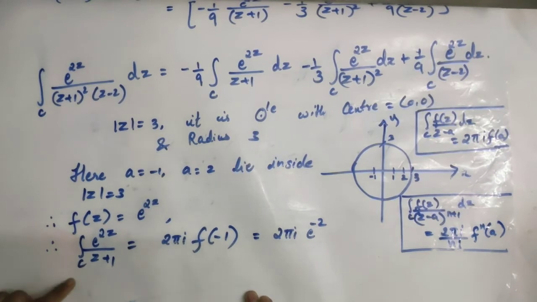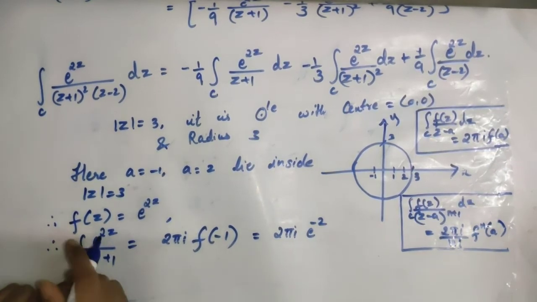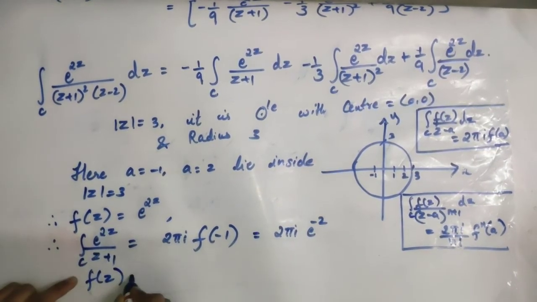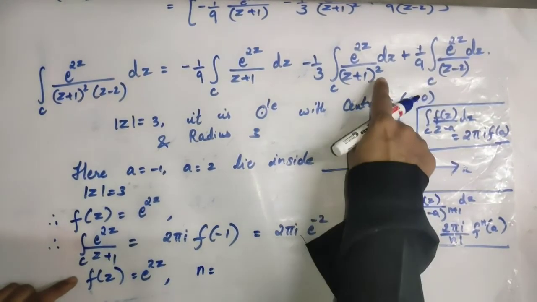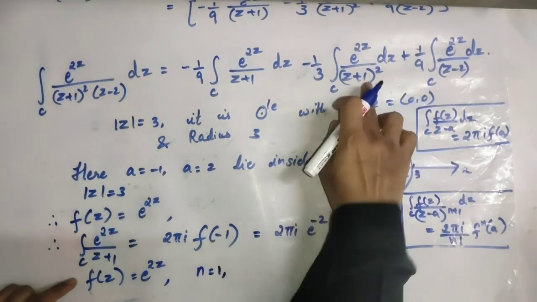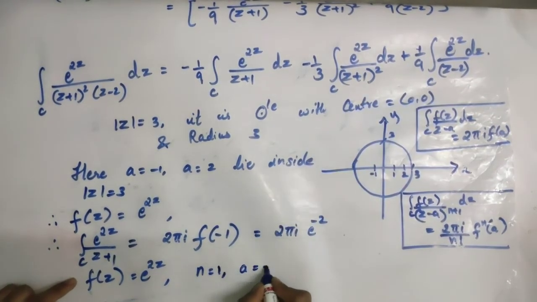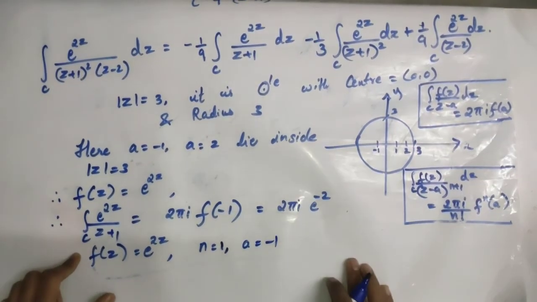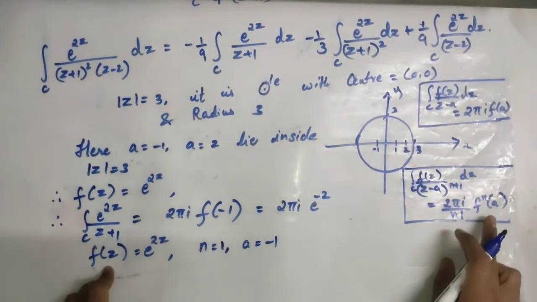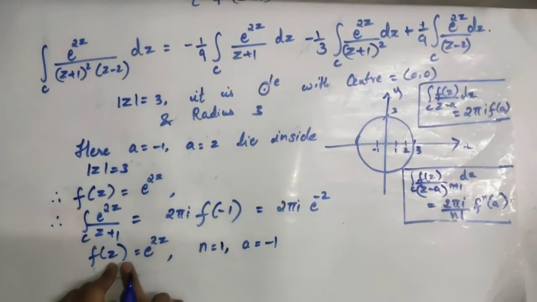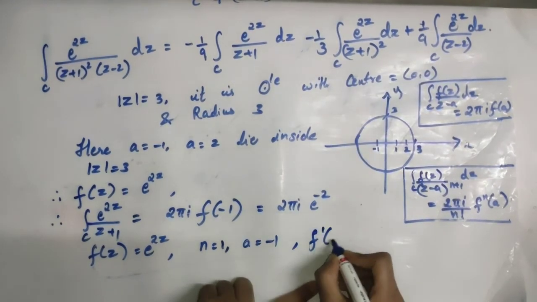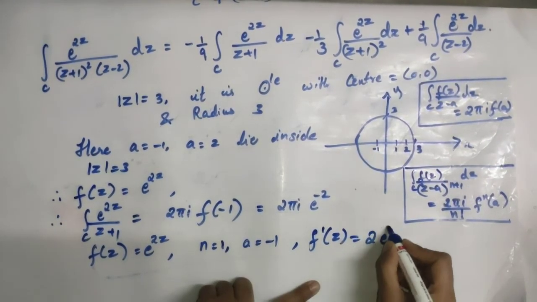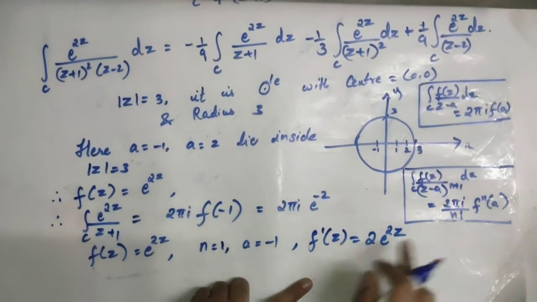So here in the second part, f(z) is e^(2z) only. Since the power is 2 here, n equals 1, and a is also equal to -1. So these are all the values. Since n is 1, we have to work out the first derivative, f'(z), which is 2e^(2z), because in the formula we need to use it.